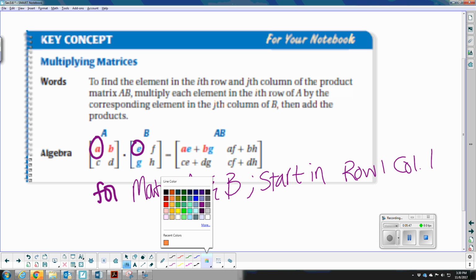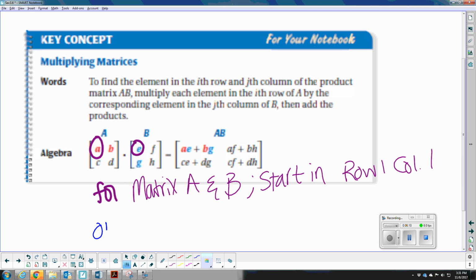Now for matrix A, it says find the elements in the ith row and jth column by multiplying each element in the ith row of A by the corresponding element in the jth column. So we are going to start at the first row, first column in both matrices, and then on matrix A, we're going to move across columns.